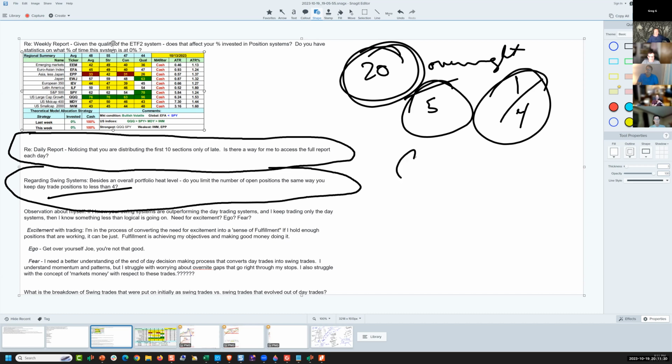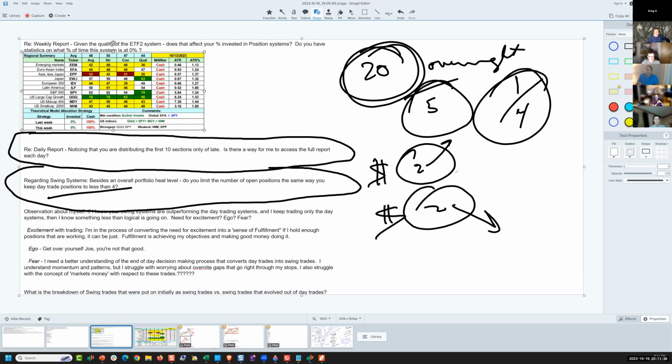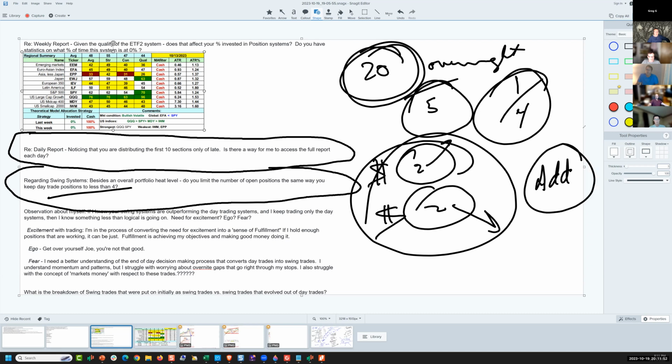It makes me feel good that if I had 2 long positions and 2 short positions, each of which were in the money, the chances that all 4 of those hit their maximum trailing stop in the overnight gap is a non-zero number, but it's a small number. And then I can add the position back on. That makes me feel pretty good.